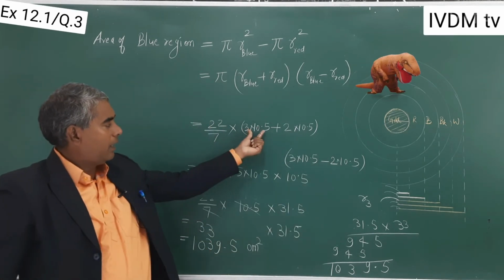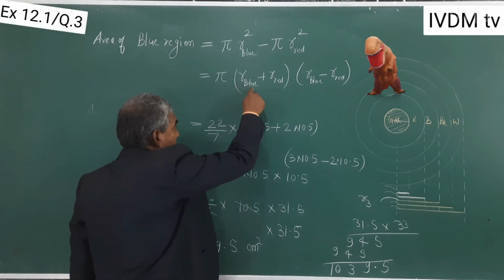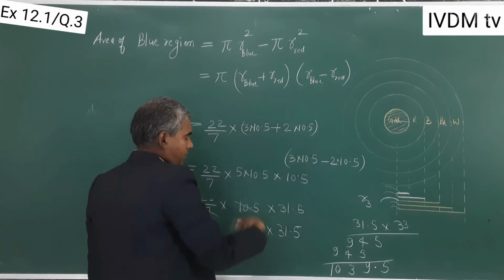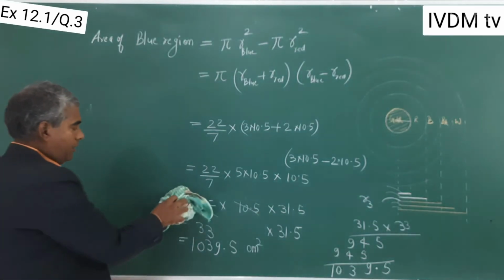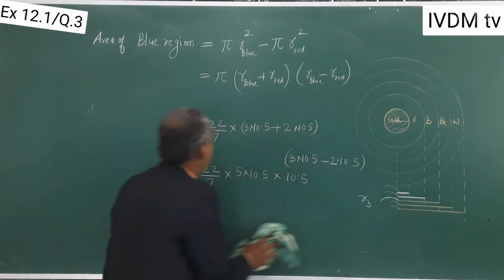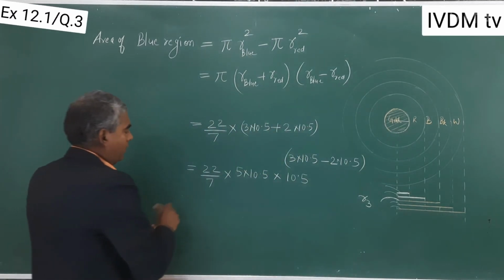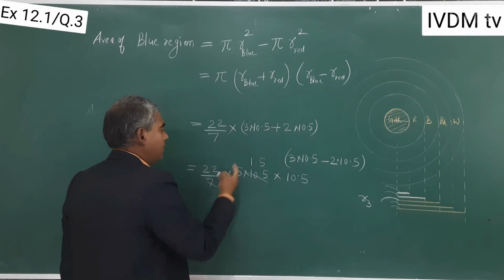Or I have found r blue is equal to 3 multiply 31.5. You can use it here also, or you can solve it this way. So this was the blue region, and 7 will be divided by 7, 1, 3.5.